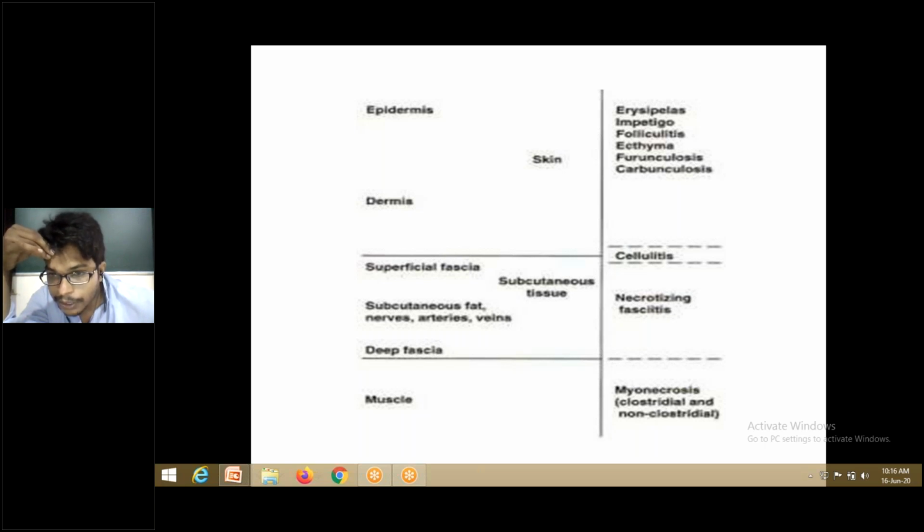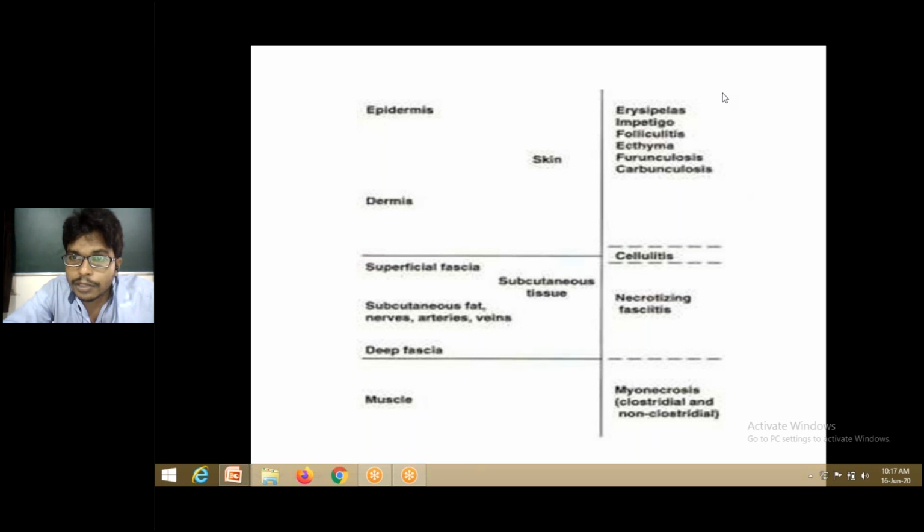Someone said necrotizing fasciitis for N. I is for impetigo, we can come across in this slide only. C for cellulitis and E for erysipelas. Yes, you have followed. At least four or five people are following the class.